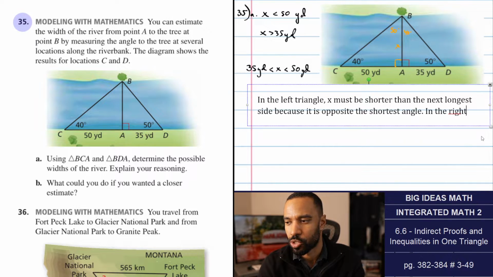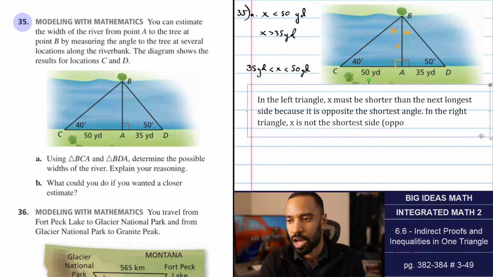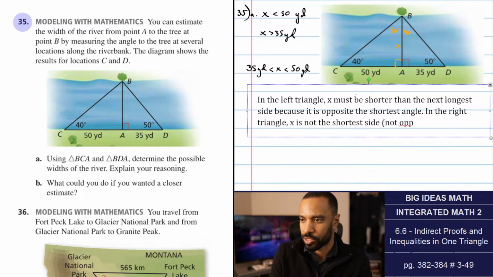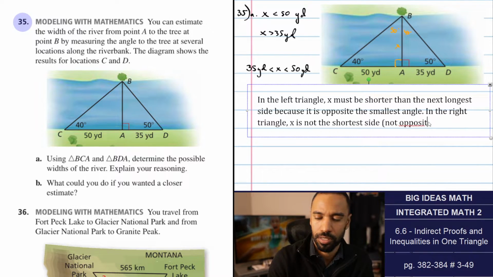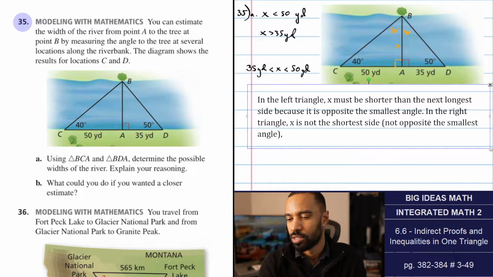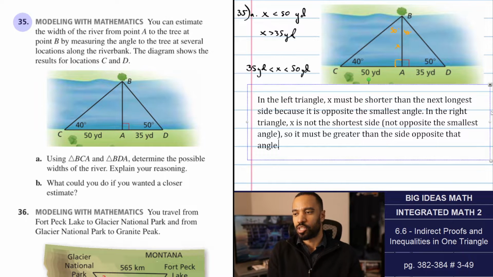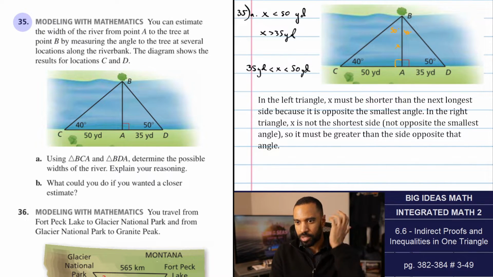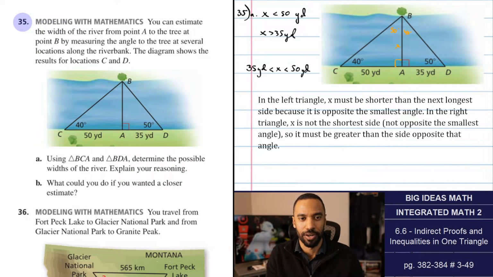And then in this right triangle, X is not opposite the smallest angle. So it must be greater than the side opposite that angle. I'm explaining just kind of what the things are that I said there. And obviously, there's a shorter way you can type that. I don't really know what it is. It's for me to teach you it, not for any other reason.